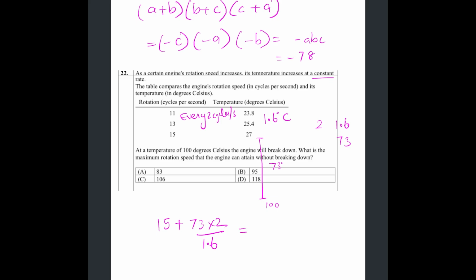We'll get 15 plus 73 by 0.8, which will give us 15 plus 91.25, right?